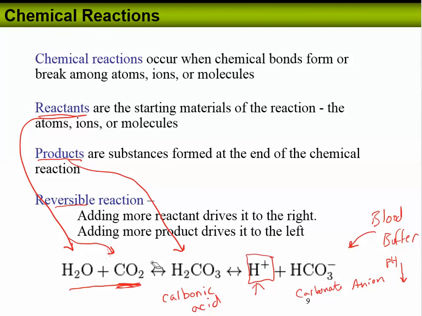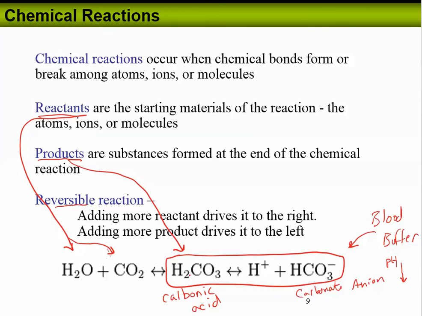If it's going in this direction, these are the reactants and these are the products. However, it's reversible, so it really depends on which direction this is going. If it's going in this direction, then these are the reactants, and this is the product. So, reversible reactions.